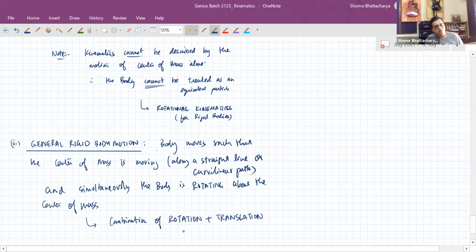This will also come under the category of rigid body kinematics.